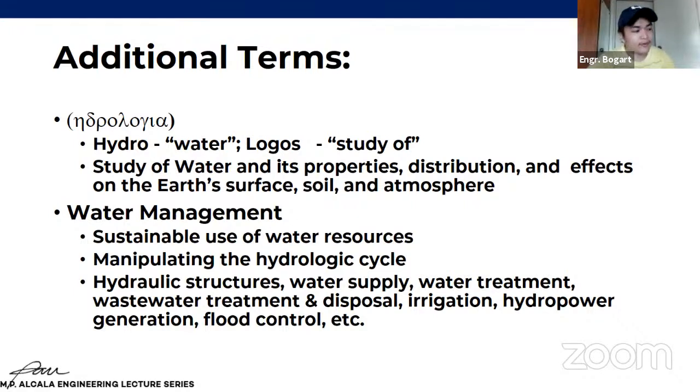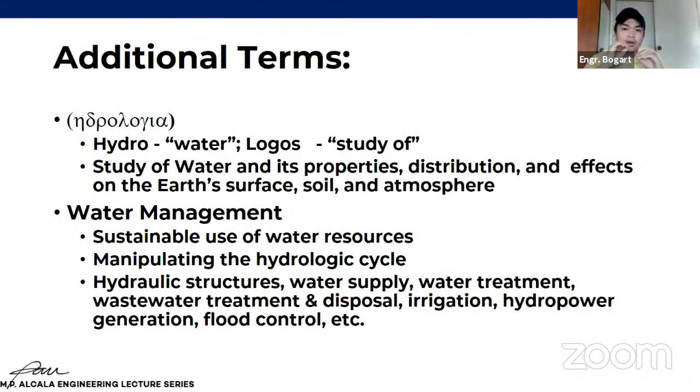So some may have altered the hydrologic cycle because of our behavior. What do we mean by this? Manipulating the hydrologic cycle, meaning we alter the cycle through too much global warming, right? Too much plastic usage. Okay, and there are other types. For example, there is a modern technology called cloud seeding.